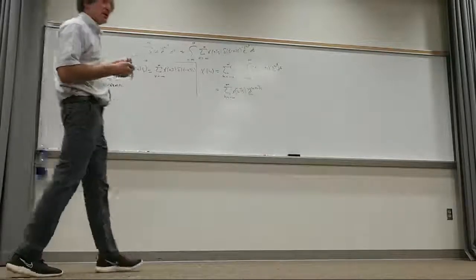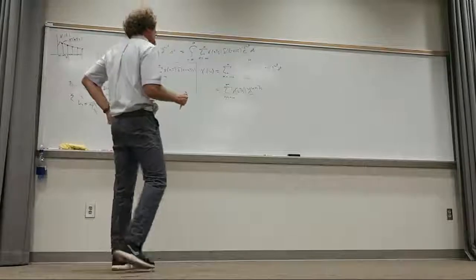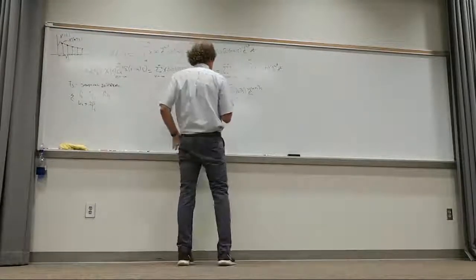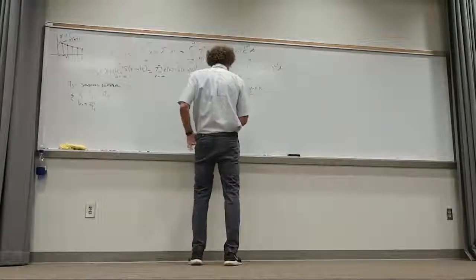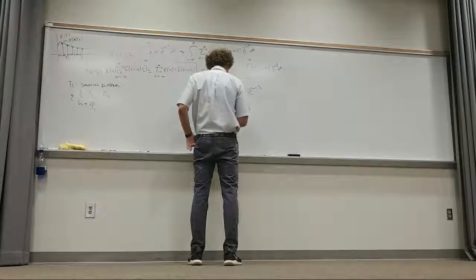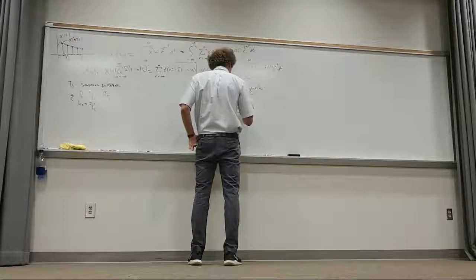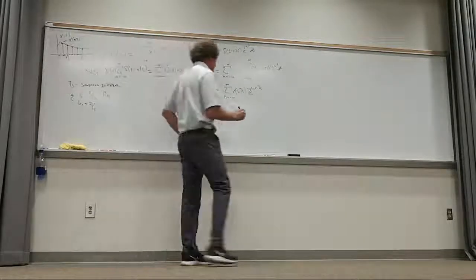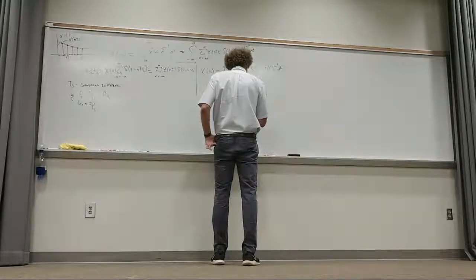Now this is the classic DTFT, but what we do with the DTFT, we suppress the Ts. So we say an actual definition for the DTFT is n goes from minus infinity to infinity, x of n, we're going to suppress Ts, and then it's going to be e to the minus j n omega.